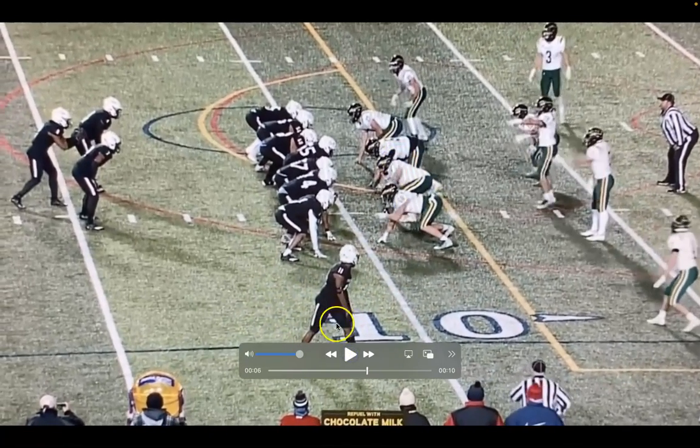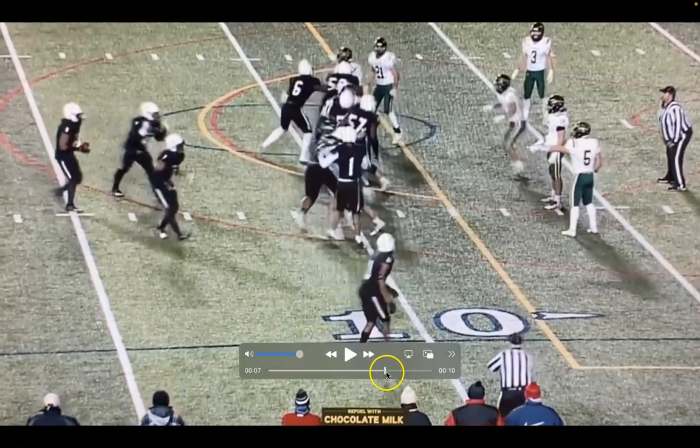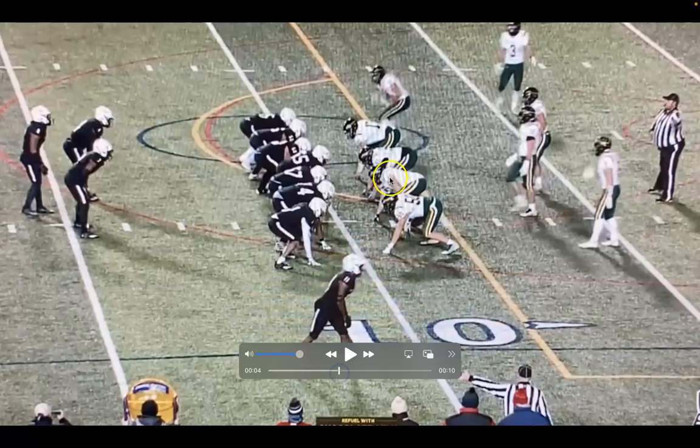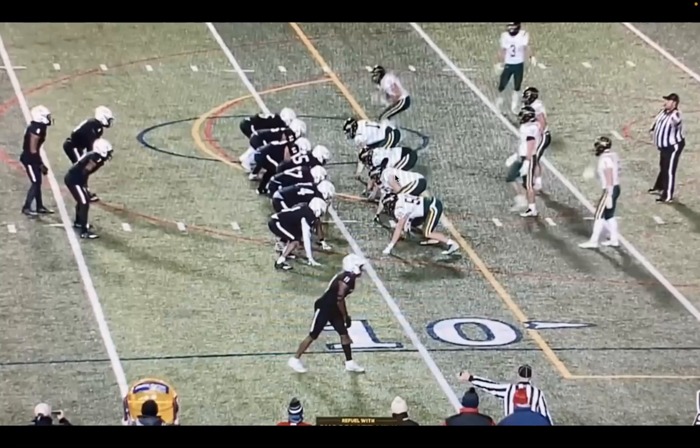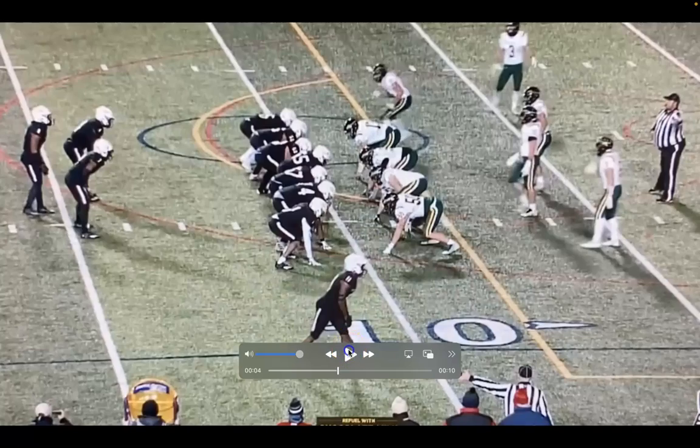Now, let's look at, sorry, it's a little jumpy here. This player right here, the left defensive tackle, moves laterally, although slight, does not change hands. That is okay. Let's go down the line and look at the right defensive tackle.